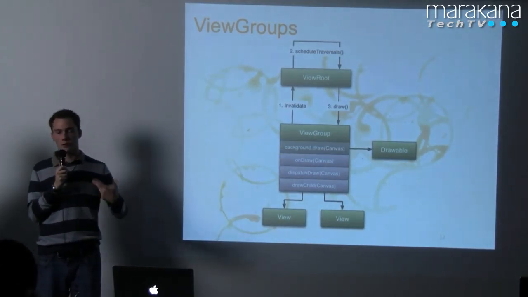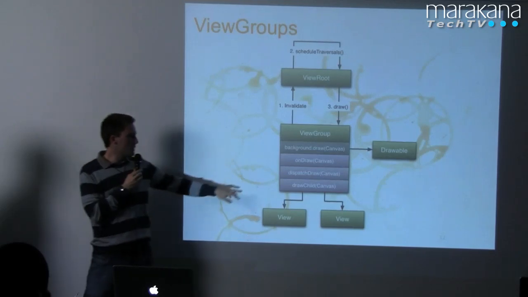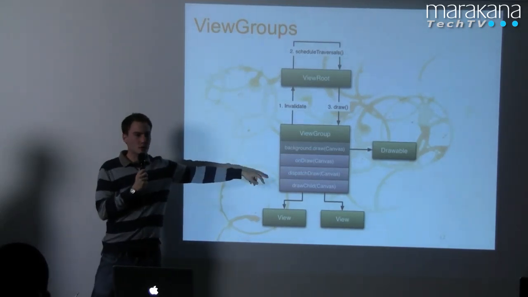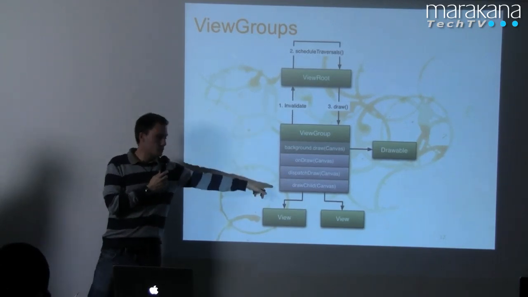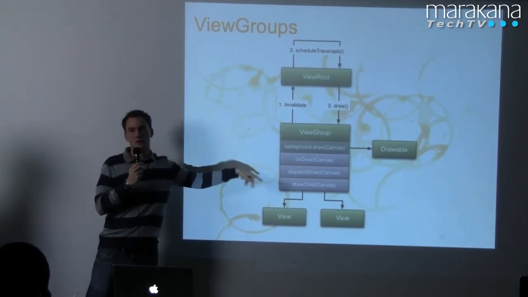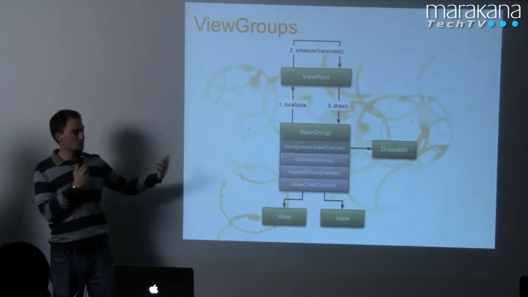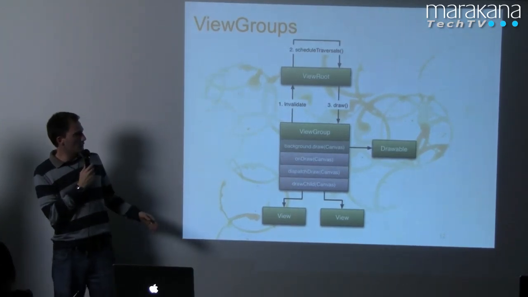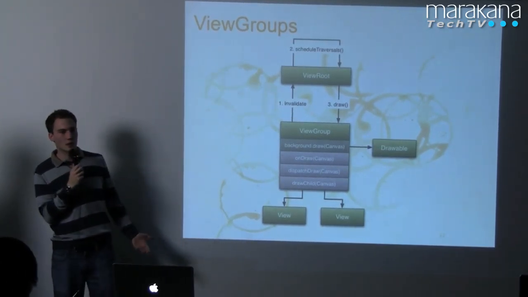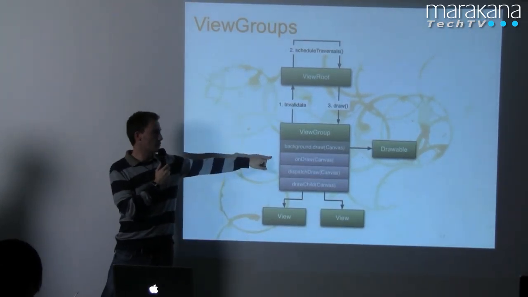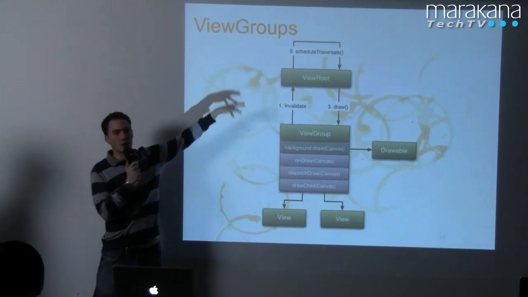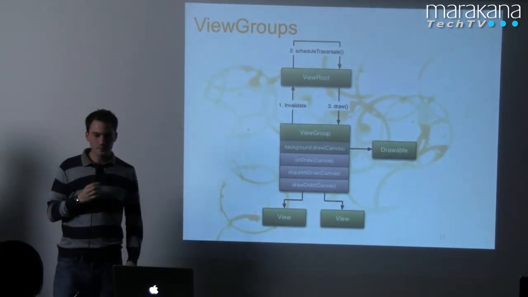And when it's a view, we only call onDraw. Then we call dispatchDraw, and the role of dispatchDraw is to call draw on all the children. To do that, the view group will call drawChild, and this is where we handle, for instance, animations, transformations, stuff like that. So if you look at the stack trace during draw, you will probably see drawChild, dispatchDraw, onDraw, draw, and then somewhere up the scheduleTraversals.